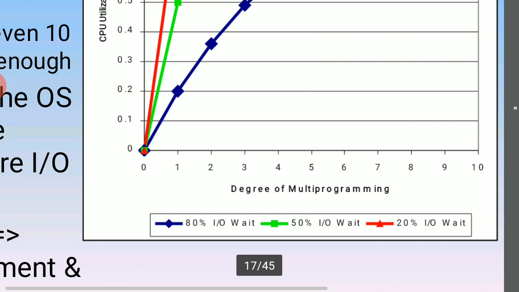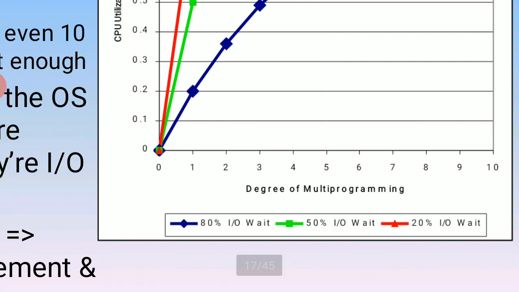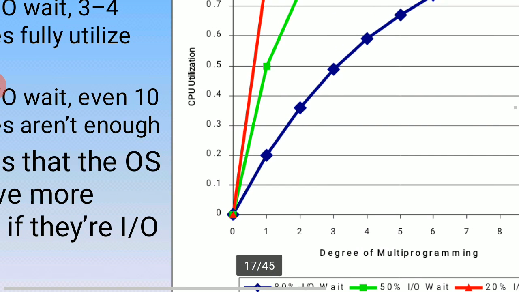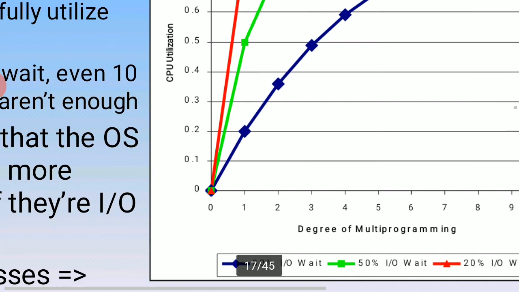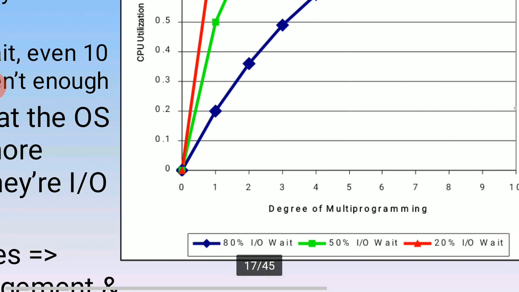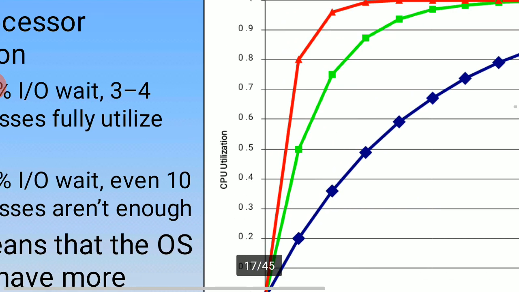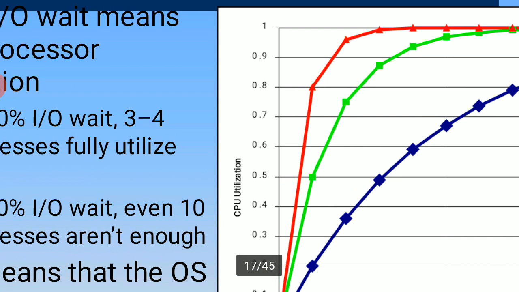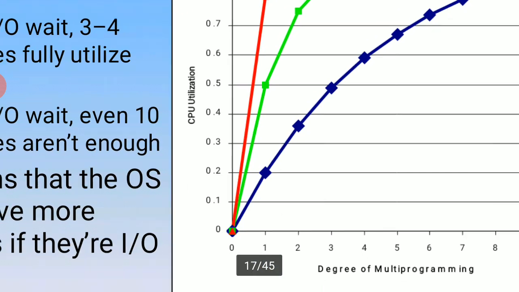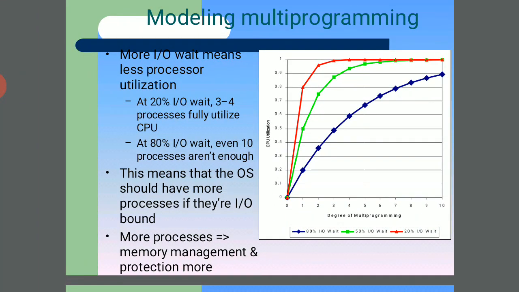The green one is for 50%. And next, the red one is the 20% input output wait. So the central processing unit is utilized by the multi-programming model. Different percentages are there, with more processes and memory management and protection of memory.